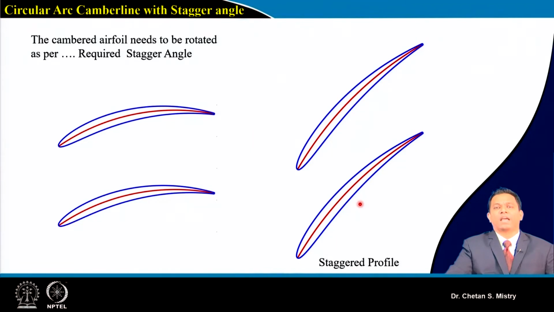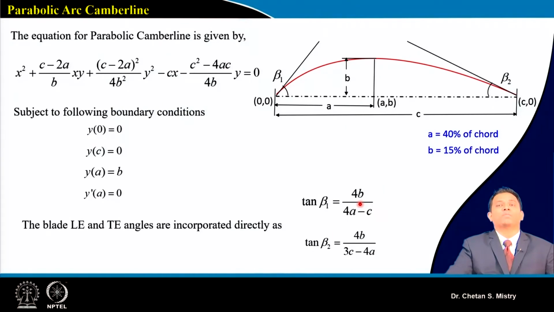For most designs of industrial fans, people prefer this kind of configuration. Even for the HP compressor of gas turbine engines, in a few later stages, people prefer this kind of camber line and C4 configuration. Now suppose I am looking at a different type of camber line, where the arc is not circular.